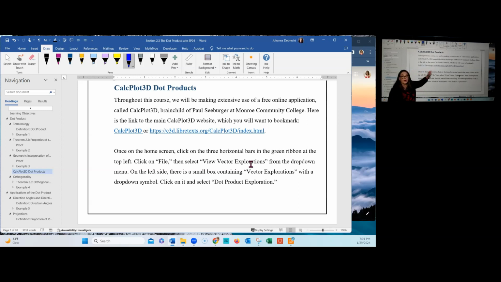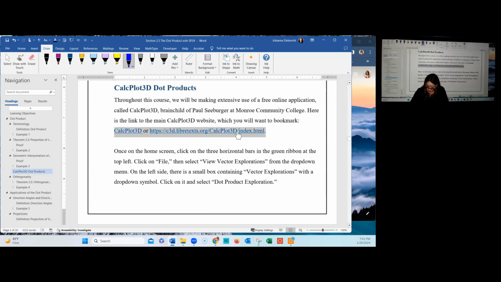It's created by Paul Seeberger at Monroe Community College. It's ongoing. We're going to click on the link. This is the link spelled out in case the first one doesn't work, but if you click on either one, it should open up. And then I've got some directions for you on how to explore what you're looking at.